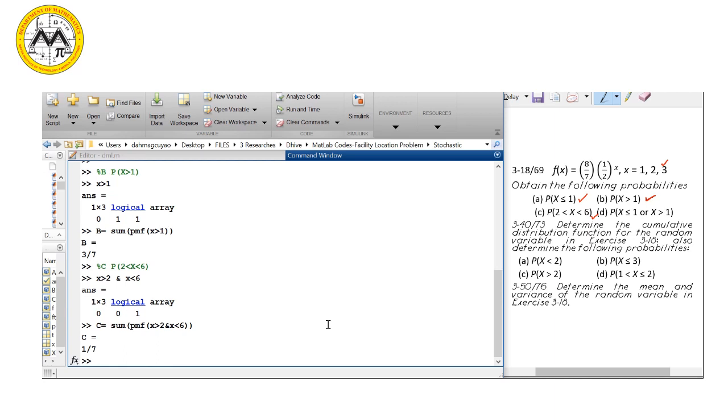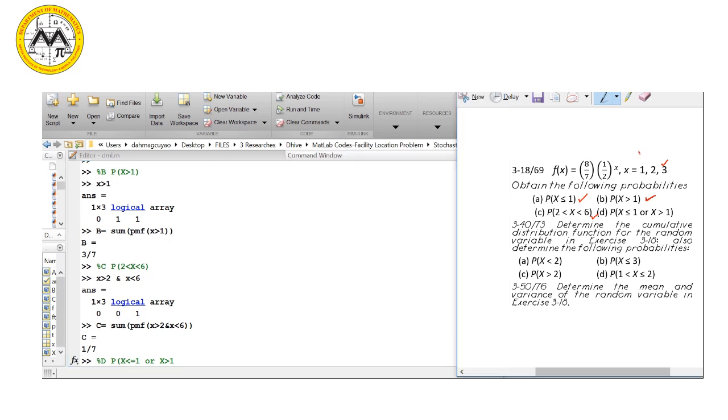Now for letter D, we want to get the probability of x less than or equal to 1 or x greater than 1. I think this is the sample space, because if you check, less than or equal to 1 is 1 and greater than 1 is 2 and 3.